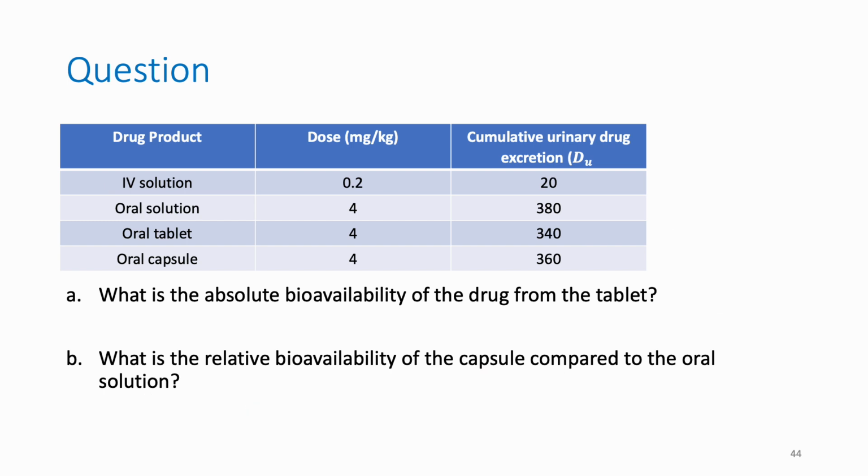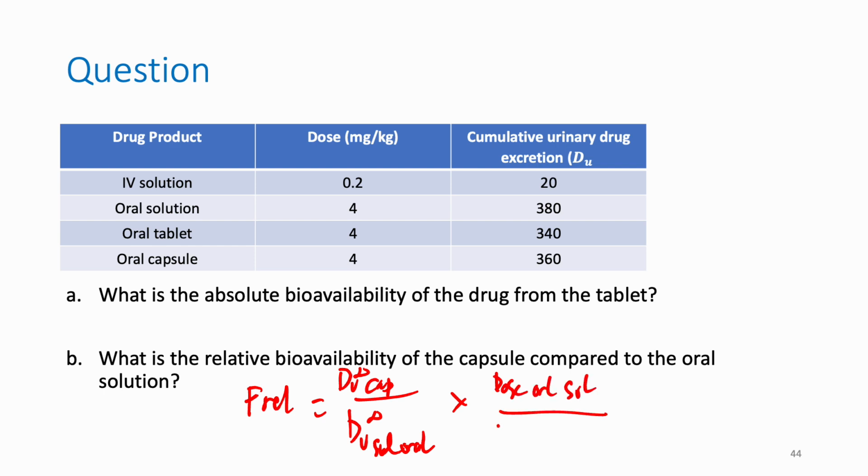So to calculate F relative, it will be equal to the DU of the capsule, because the capsule is the test, it goes above, divided by the DU of the reference, that is the oral solution, times the dose of oral solution divided by the dose of capsule.